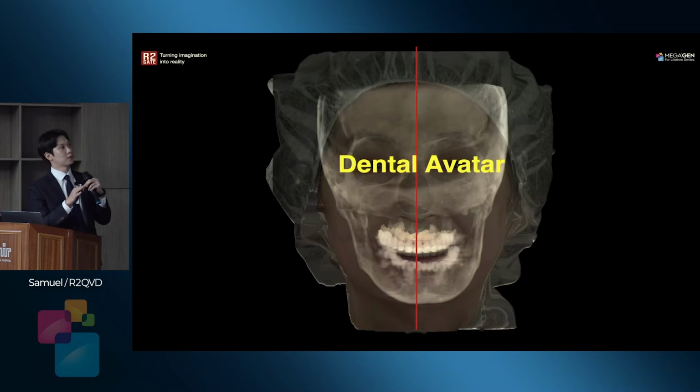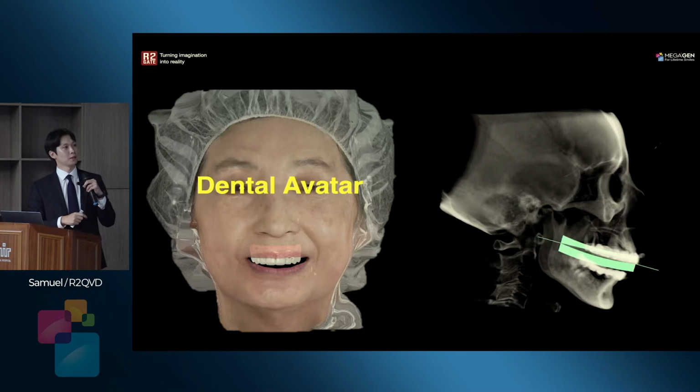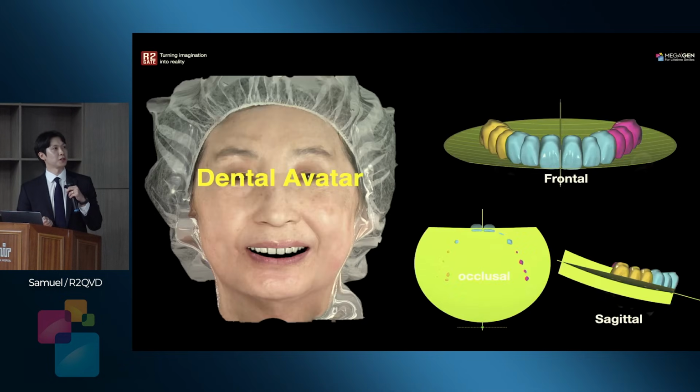Inside the facial scan, I already merged it with the CBCT data. Then, yes, I can draw the occlusal plane based on the FH plane. Then our occlusal plane shape is like this. So for the diagnostic wax-up, I follow the diagnostic wax-up with the occlusal plane.